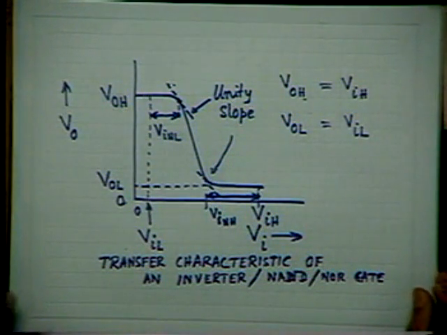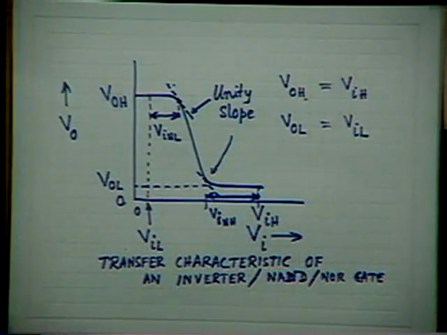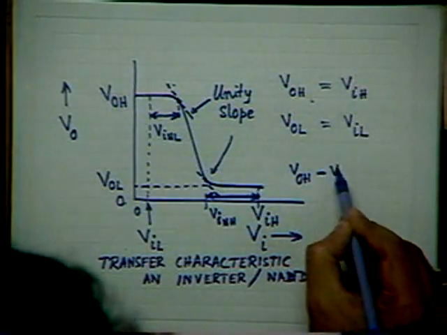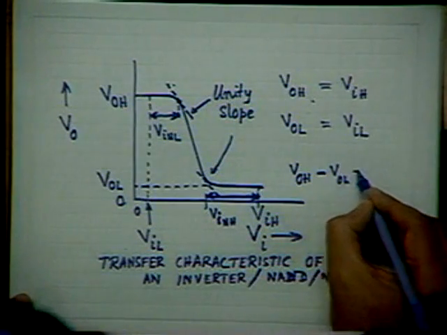And in order to have a very good performing inverter, what are the requirements to be satisfied so far as this DC characteristic is concerned? First thing is this VOH minus VOL, which is called logic swing.